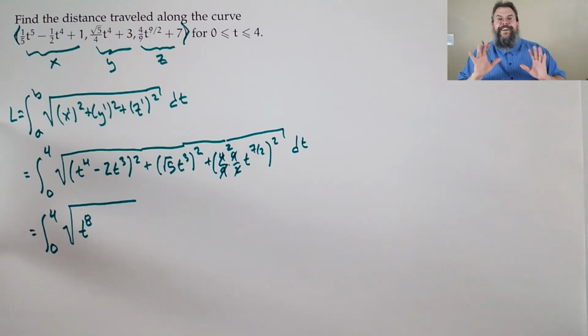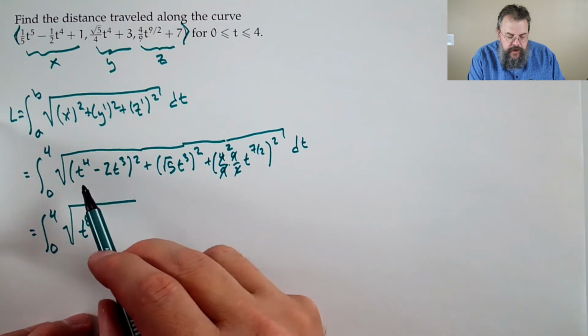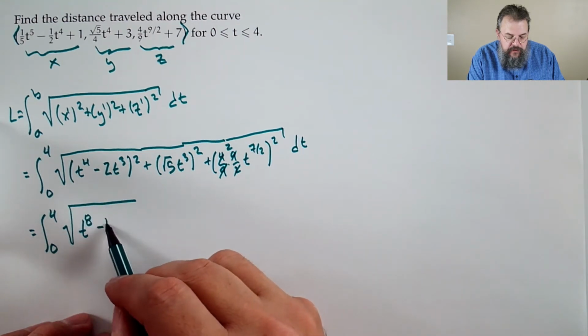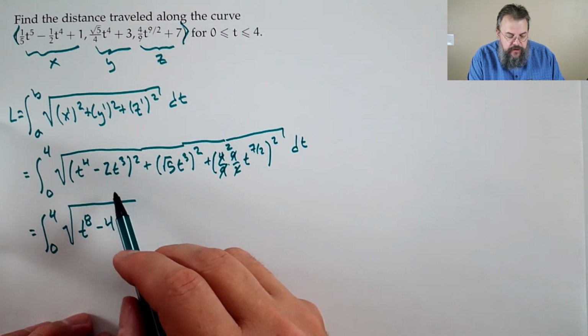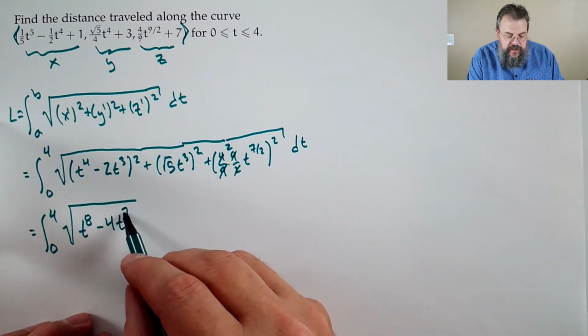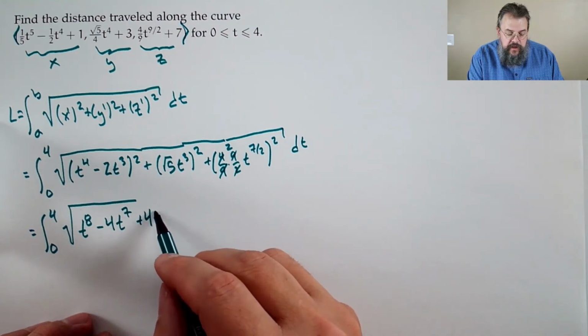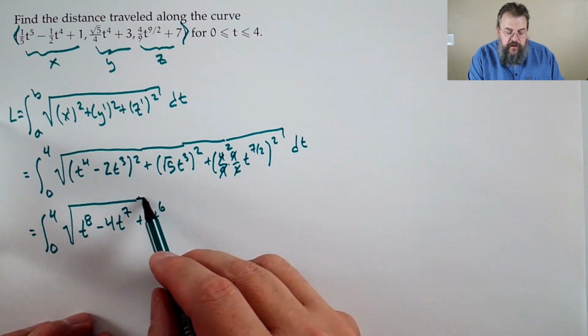That's wrong. We'd be in trouble. No, it's t to the 8th. Okay, our cross terms, that would be minus 2ab. So in our case, minus 4 because of that 2 times 2. T to the 4th times t cubed, you add the powers, t to the 7th. Square the last term, that would be 4t to the 6th.